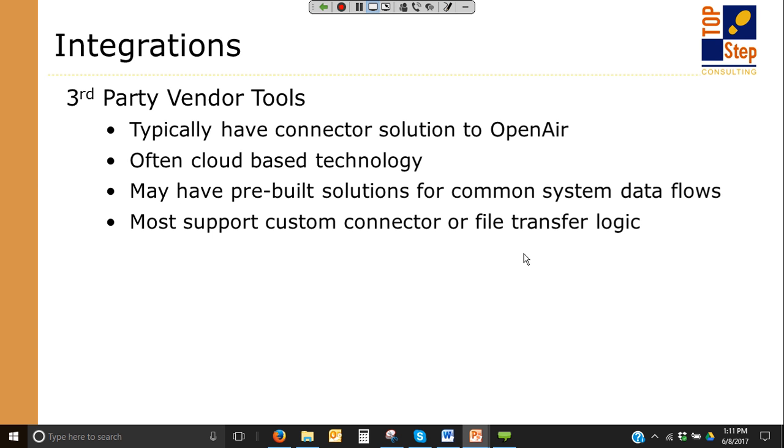But it is in the cloud because OpenAir is in the cloud. The benefit of a vendor tool is that it potentially has more capabilities as far as data translation and transformation, and error checking built in, because it's a tool specifically to do integration and not necessarily just a file transfer activity.